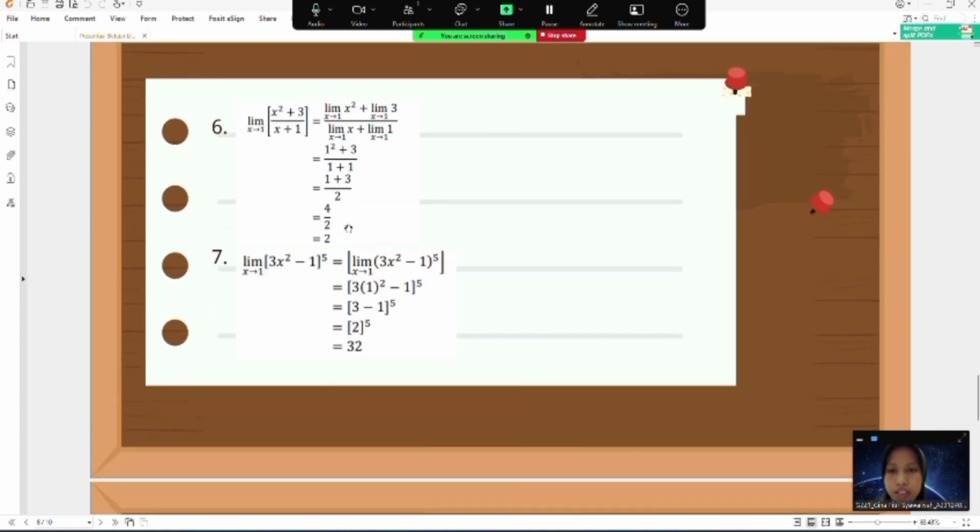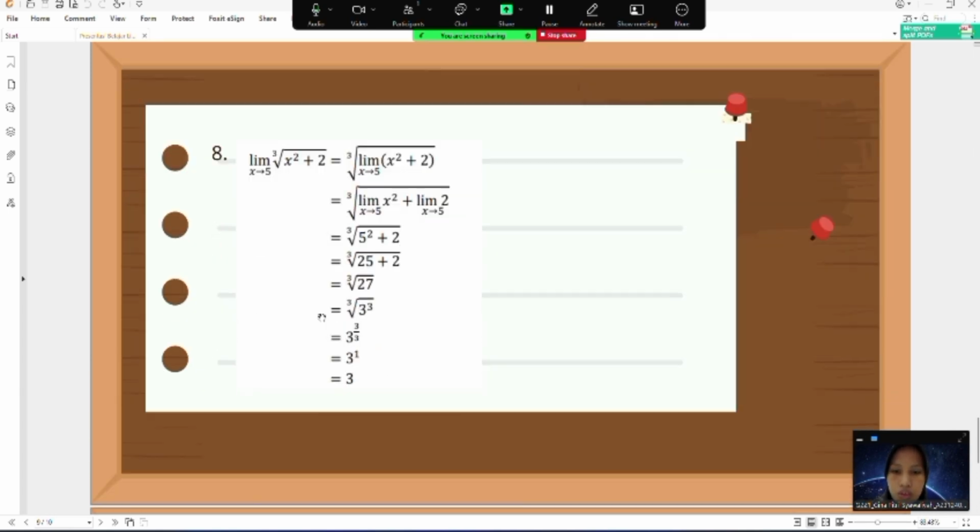And number 6 is the same as before, we just need to put the limit on each factor and then substitute, and then we get the result. For number 6, the result is 2, and so on.